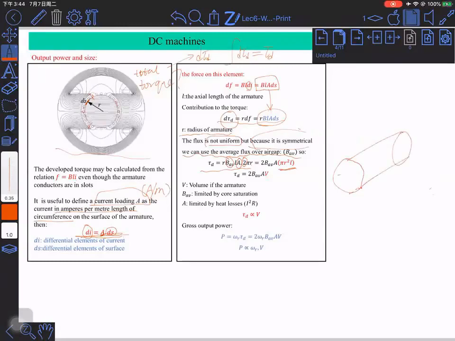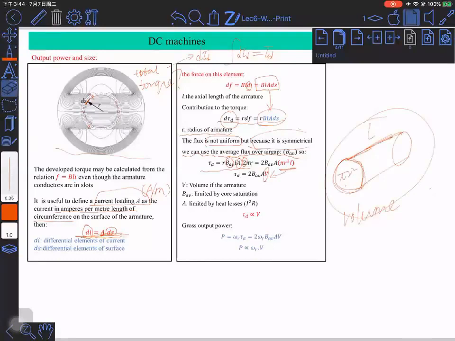Now, pi r squared is the area of one surface of the cylindrical shape, and L is the length, so pi r squared times L is the volume of this cylindrical rotor. We can express it by using V to represent the volume.